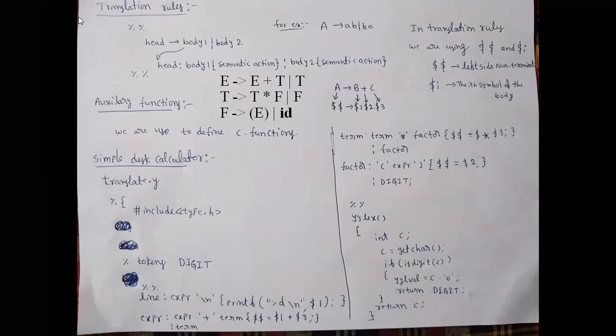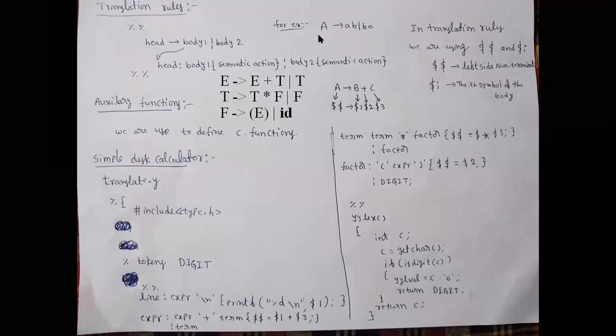Here head represents the left side non-terminal attribute value, and then there is the production with body 1 or body 2. For example, the production is like this: A produces AB or BA.